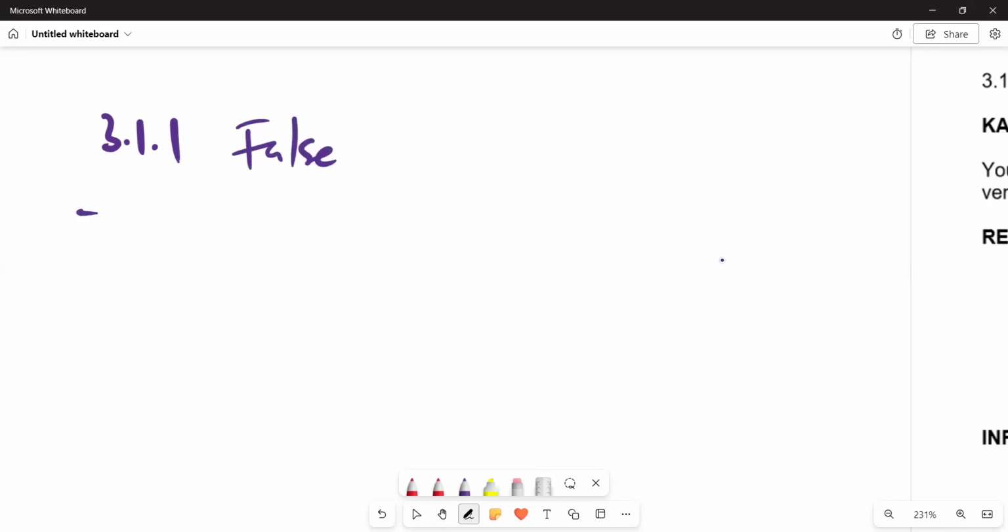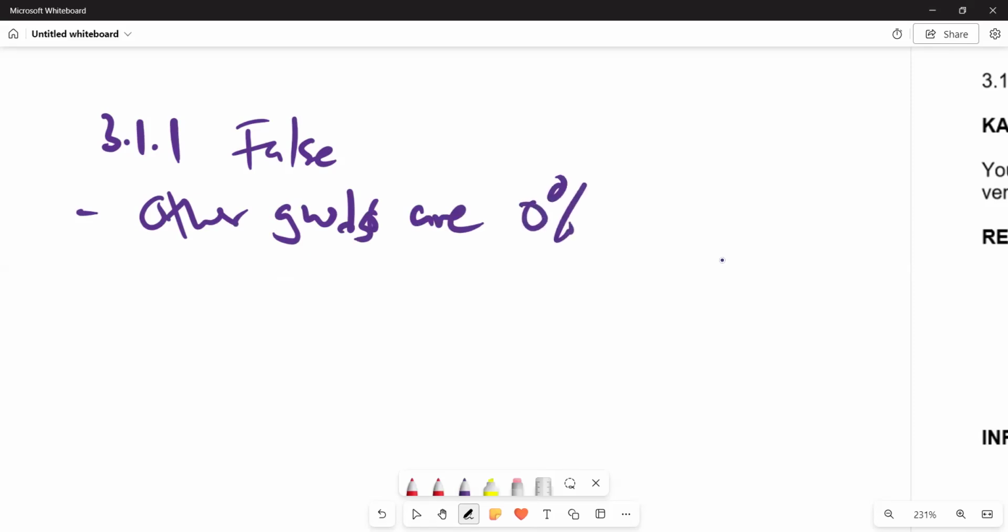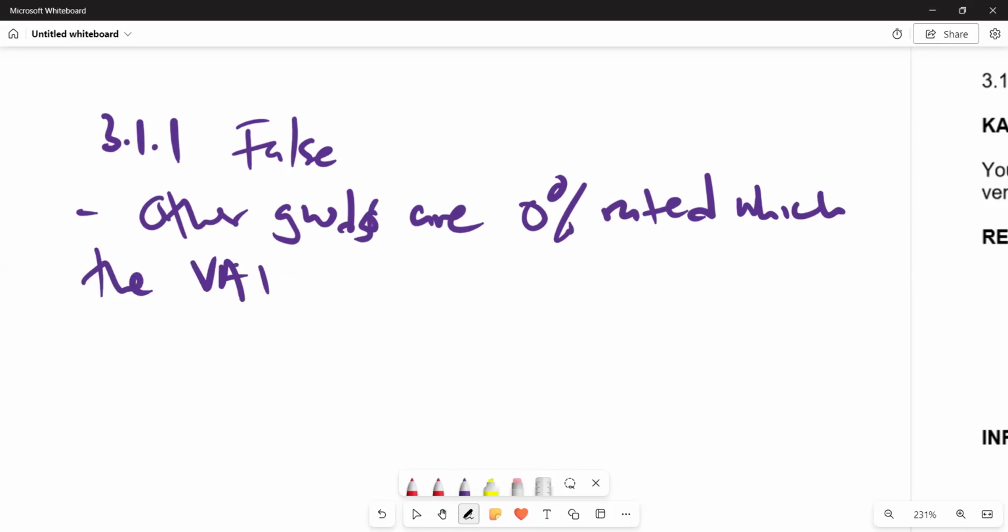And the reason why we are saying it's false is because some other goods are 0% rated, which means the VAT is 0%, but might be increased.